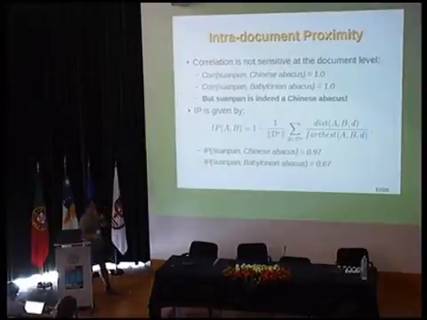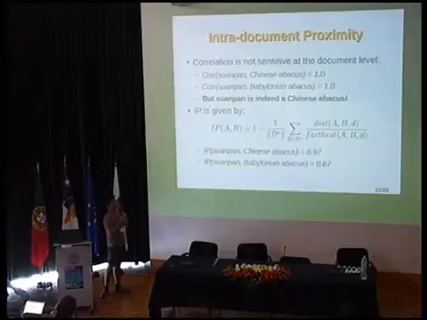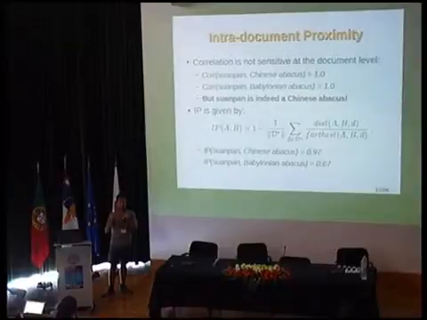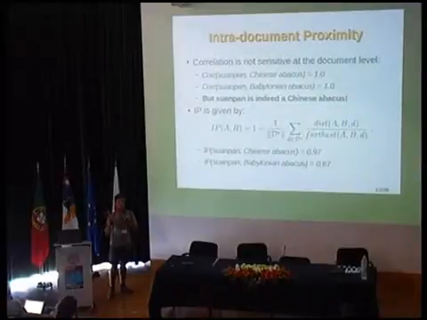So our idea with the intra-document proximity is this formula. I won't give too many details, but the idea is that we have a relation between the distance of both concepts and how far they could be. The closer that A and B tend to occur, the more semantically related they are.